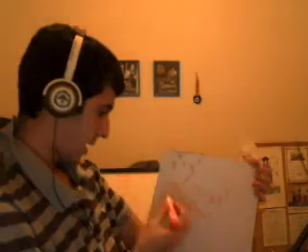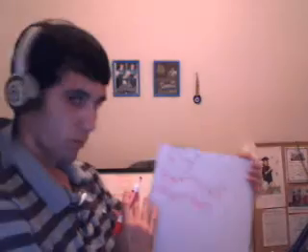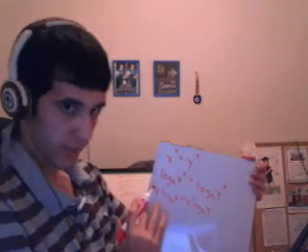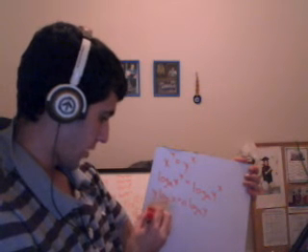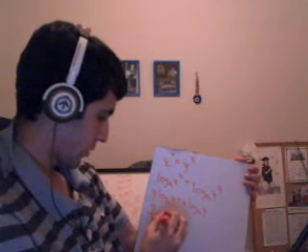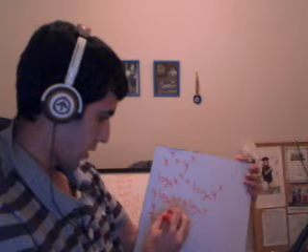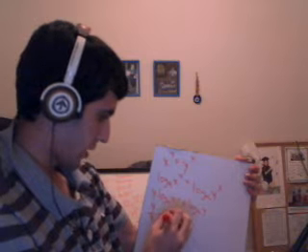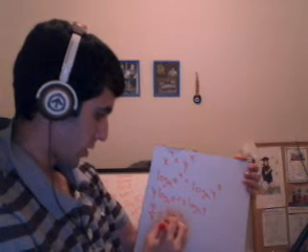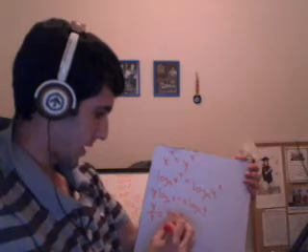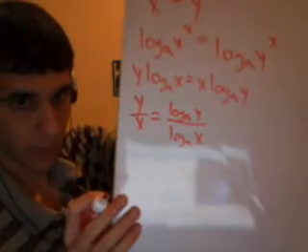Now, with that, you are able to put all the non-logs on one side and all the logs on the other side. So y over x is equal to log base a of y over log base a of x. Simple as that.